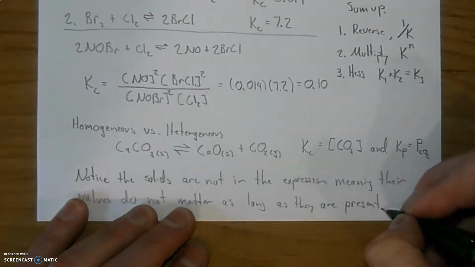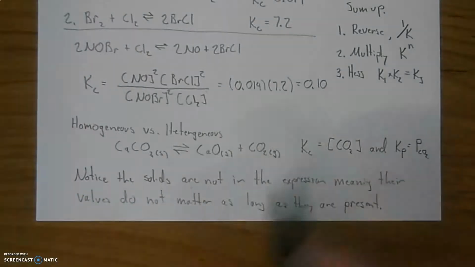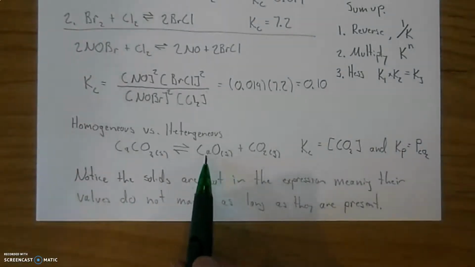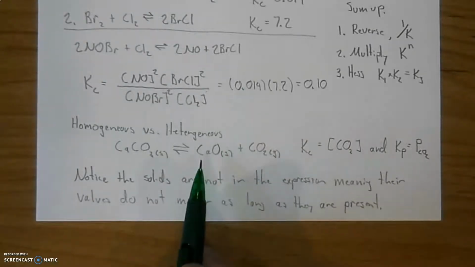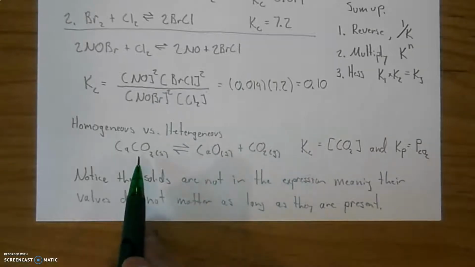So I'm not referring to concentration, I'm referring to how many grams of these. So again, the concentration is 100%. I could have 1 gram or 1,000,000 grams, it doesn't matter. Same thing with calcium carbonate. It just has to be present, and you will establish an equilibrium back and forth.